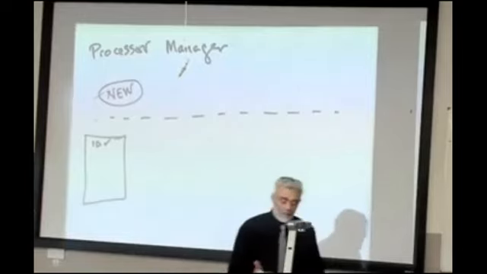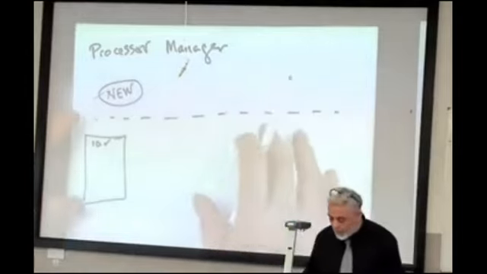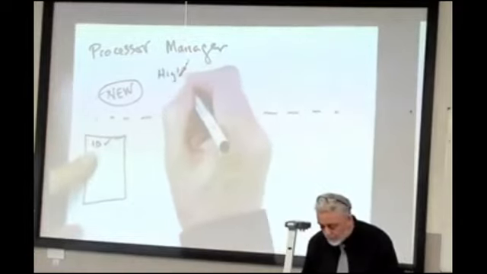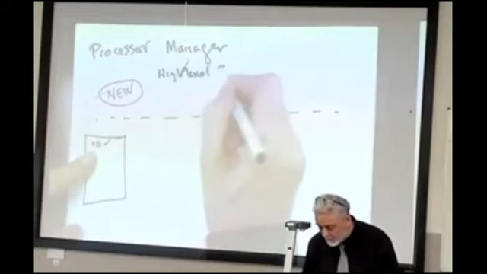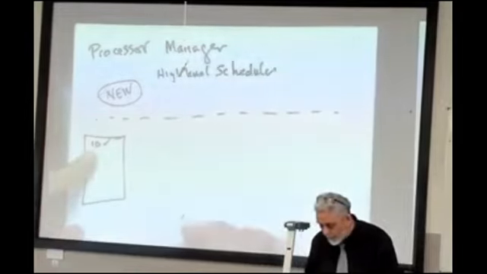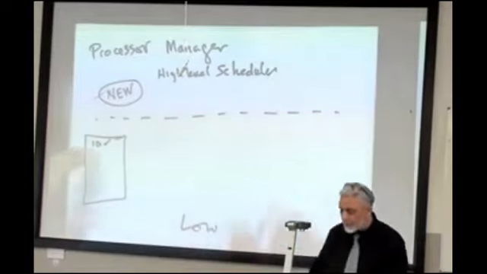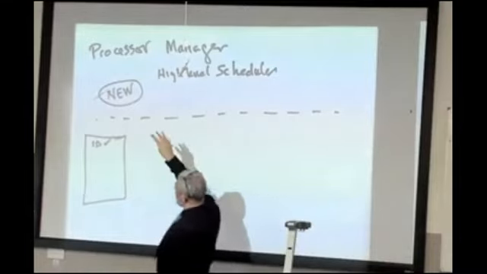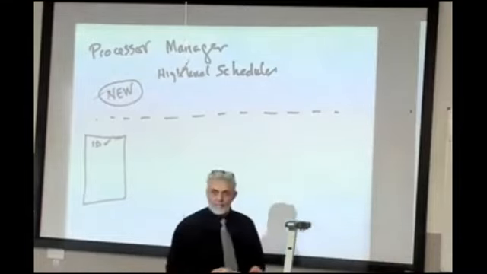And which part of the processor manager? The processor manager has 2 parts. One of them is known as the high-level scheduler, and we have a low-level scheduler. So we have 2 parts. The high-level scheduler looks after any new processes that come in.